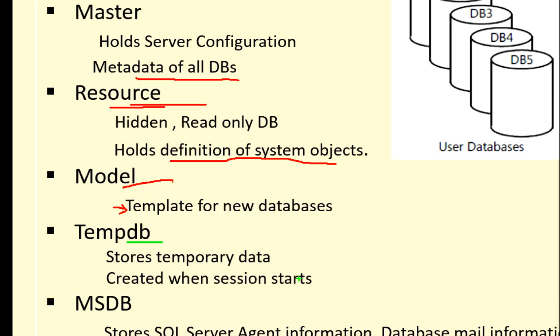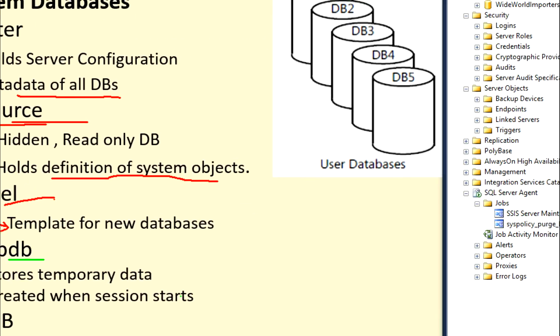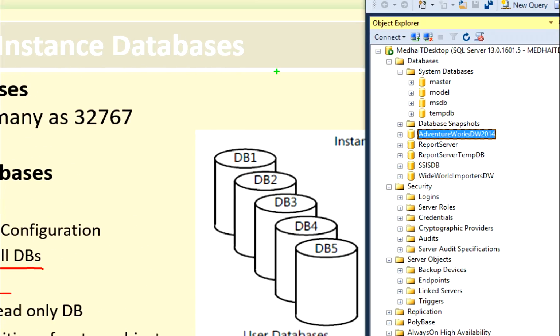So if we go to our SQL Server Management Studio, we see tempdb here, right? Tempdb consists of temporary tables. Whenever I am doing some activity, if SQL Server needs to store data somewhere temporarily, it uses tempdb.